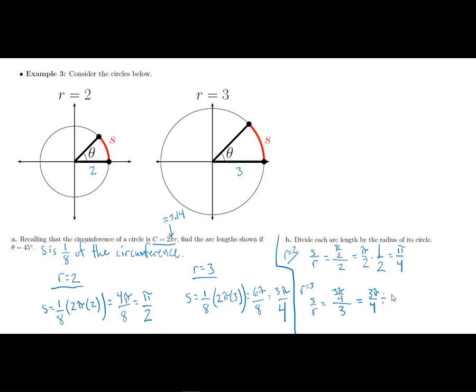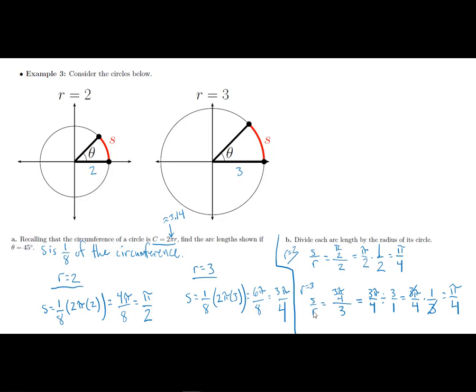I'm dividing by 3 over 1, so that turns into 3 pi over 4 times 1/3. I get nice cancellation there, and I end up with pi over 4. So what I see here is that I got two different answers for the arc lengths, as I should, because this is a much bigger circle when the radius is 3 than when the radius is 2. But when I take s divided by r, I get the same answer for both circles.